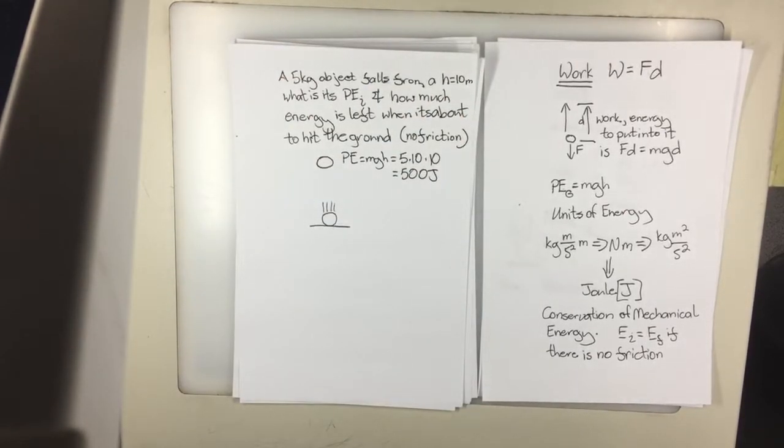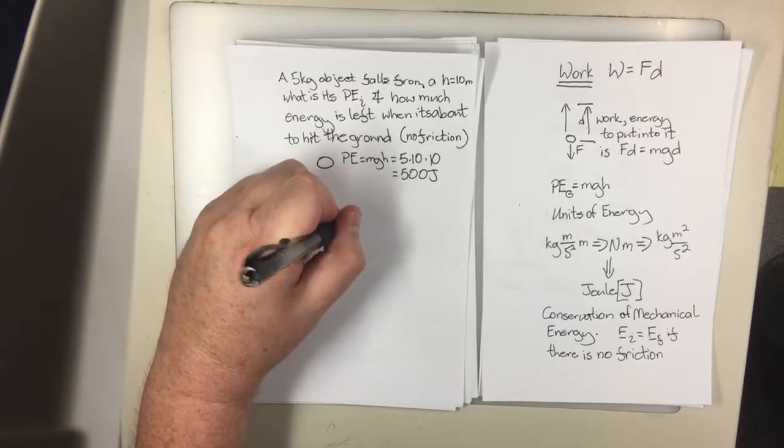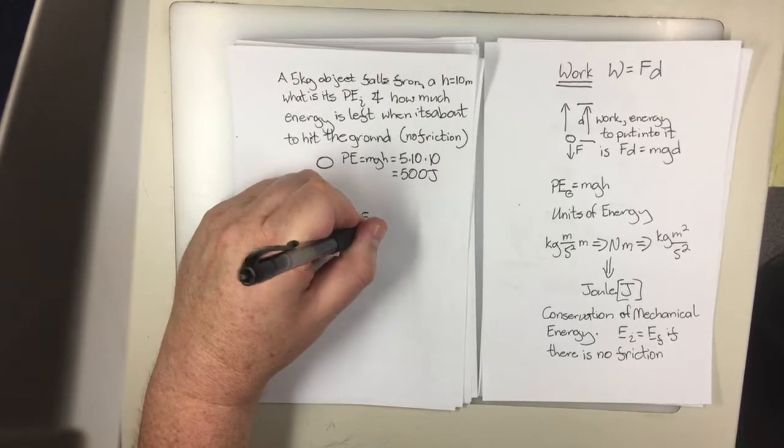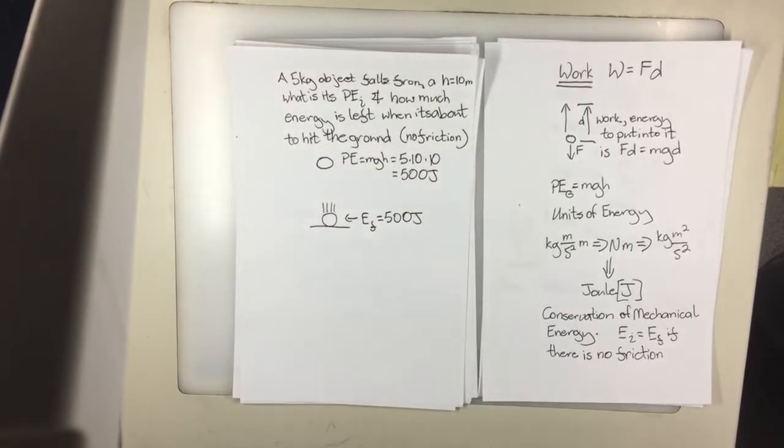So it has an initial potential energy of 500 joules. Well, at the bottom, its final energy is still 500 joules. There was no friction.